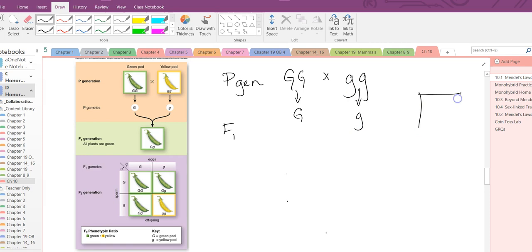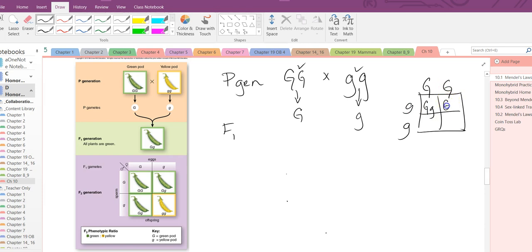The way we keep up with alleles is by using something called a Punnett square. In the Punnett square, you take the allele combinations for one parent, you take the allele combinations for the other, and you put them on the sides of the Punnett square. You then fill in the boxes. So if this sperm and this egg were to unite, it would make a baby with that combo.